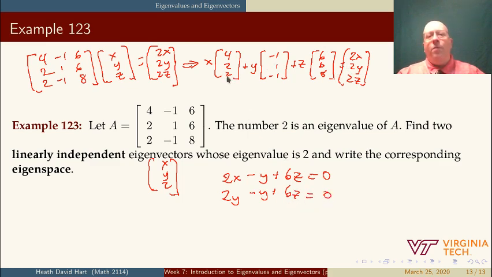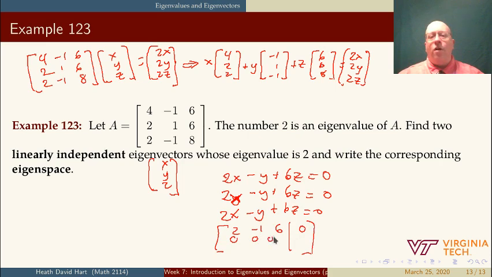The bottom row becomes 2x minus y, and 8z minus 2z is 6z equals 0. Well, this is a very dull system of equations. When I row reduce it, the second row and the third row all cancel, and I only have one leading entry. y and z are both free.